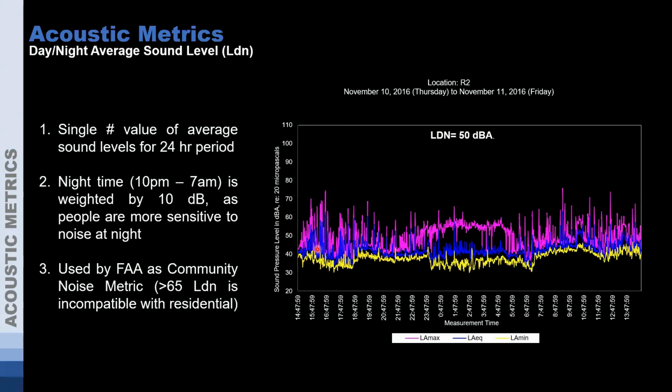And again, this is used sometimes from HUD for site noise, as well as the FAA looking at community noise metrics. They're going to really say anything above a 65, you really probably don't want to put residential there, especially without a lot of serious upgrades to those assemblies.